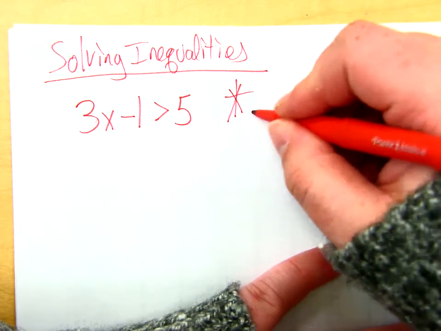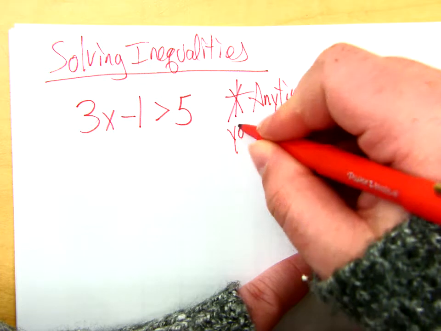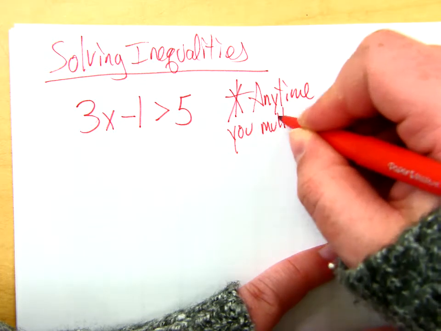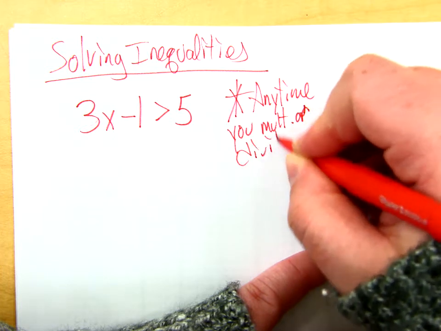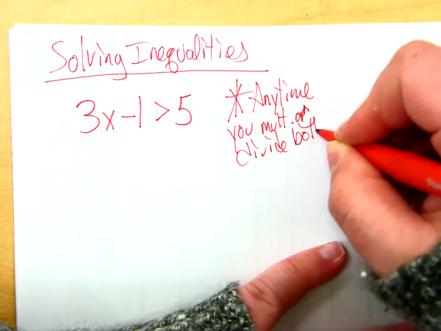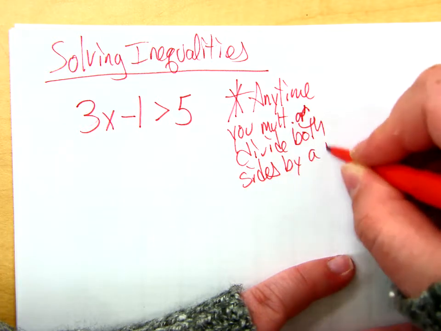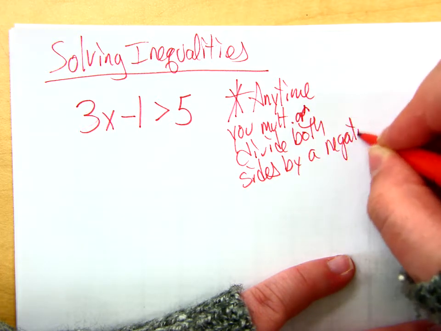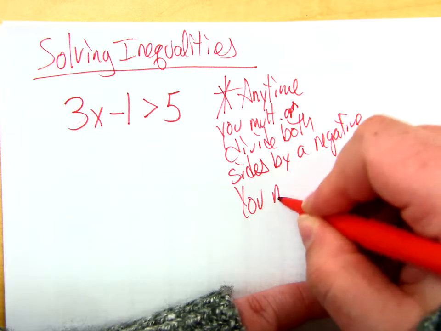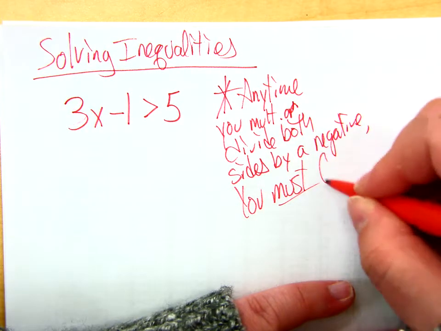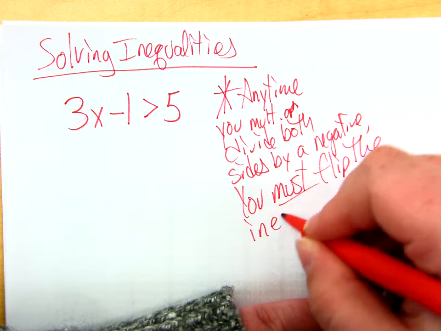got to remember. Anytime you multiply or divide both sides by a negative, you must flip the inequality symbol over.